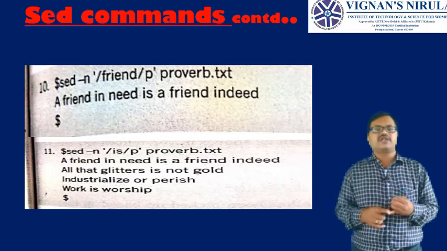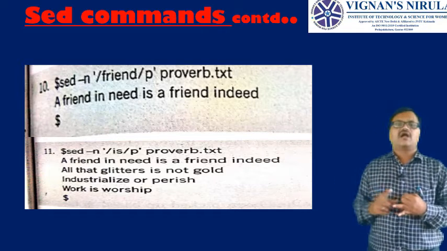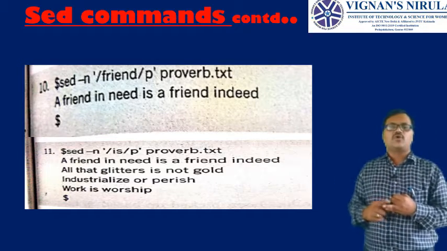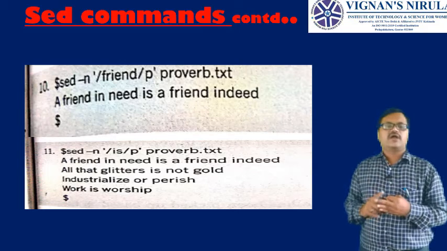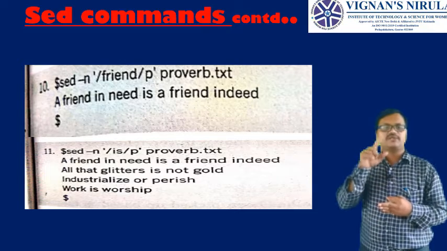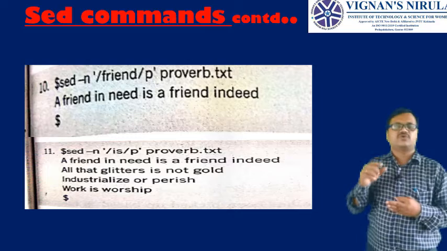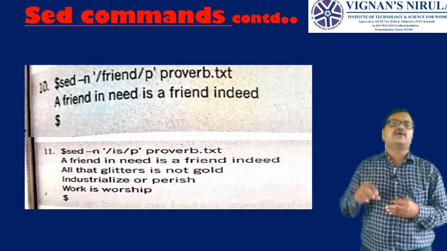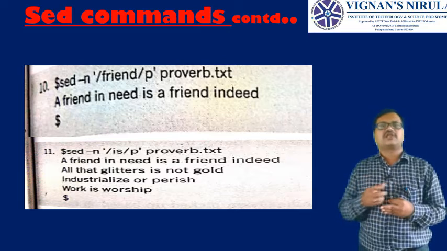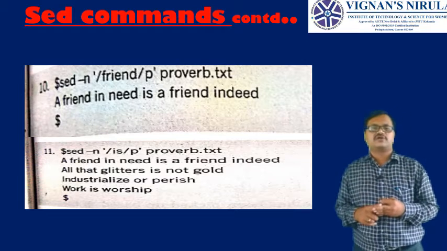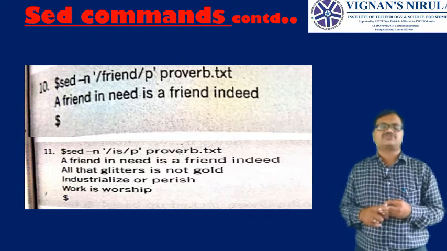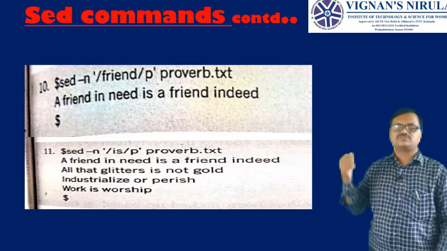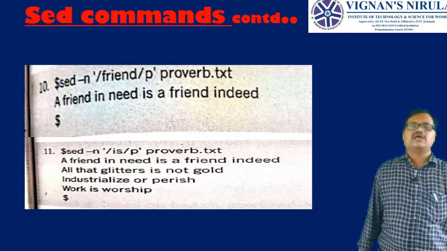For example, "a friend in need is a friend indeed" contains ease, and "all that glitters is not gold" contains ease, and "industrialize or perish". In perish the substring ease is there. That is what pattern matching means. Even if it is a substring, that line also gets printed. Next is "work is worship". So these 4 lines get displayed as the output as shown in the slide.